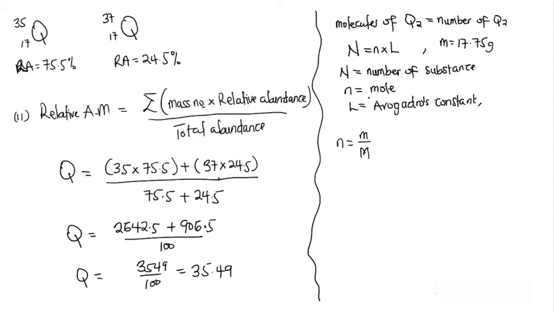Now we need to calculate the molar mass of Q2, which is the capital M. The molar mass of Q2 is equal to 2 multiplied by the relative atomic mass of Q, which we found over here, 35.49.